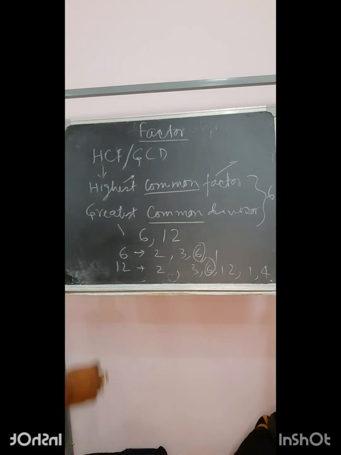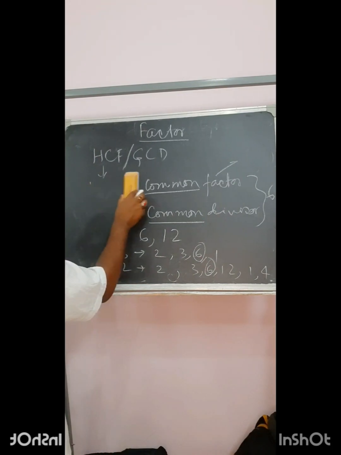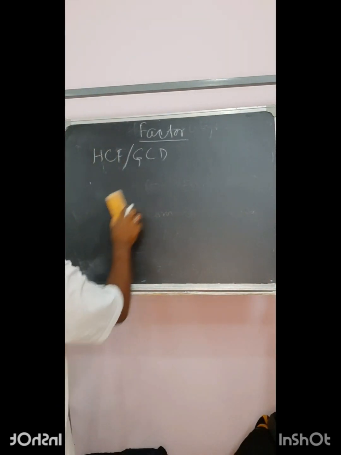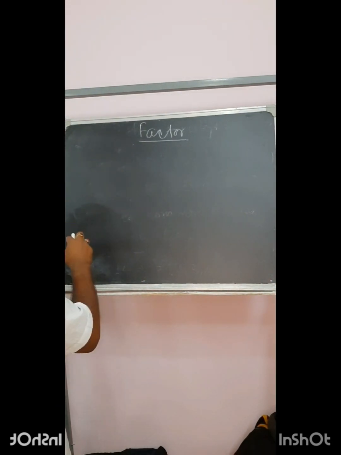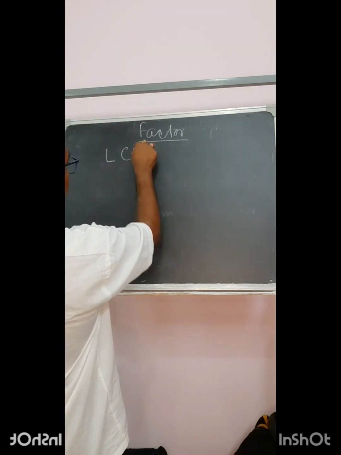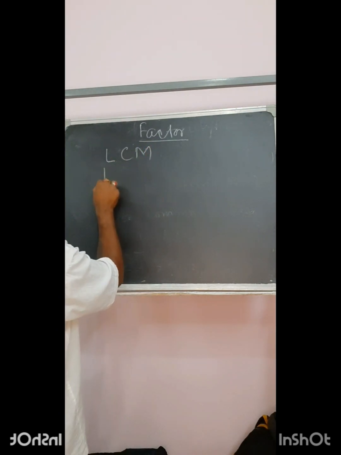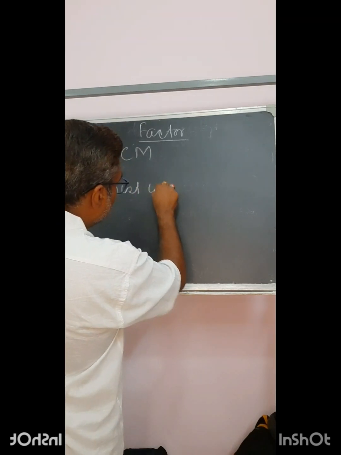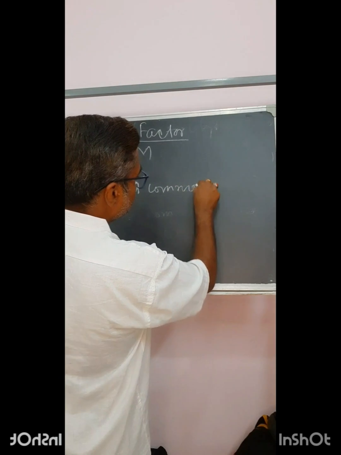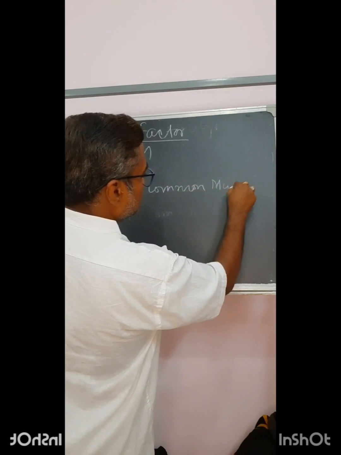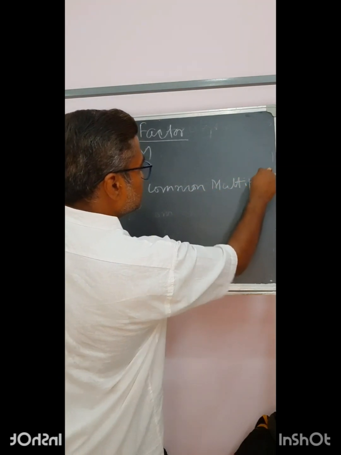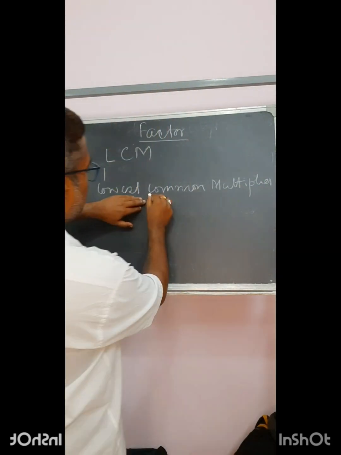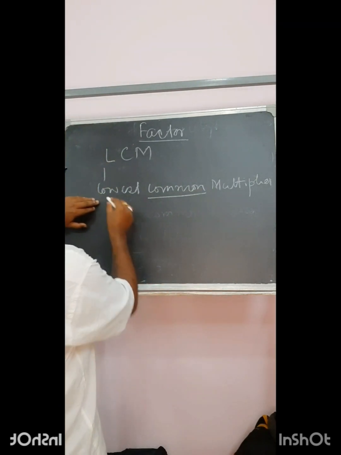Okay. Now next comes the topic which depends on the basis of this factor, the term LCM. That means lowest common multiple. So in this case, you can see it is just opposite to the earlier one. Here I need to have common, but the lowest.